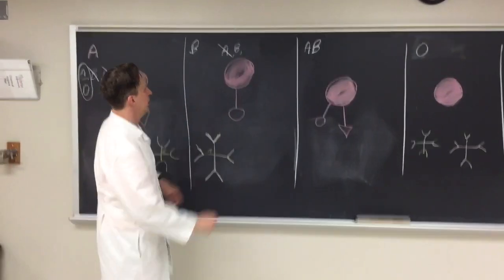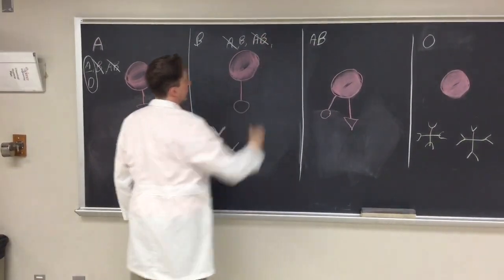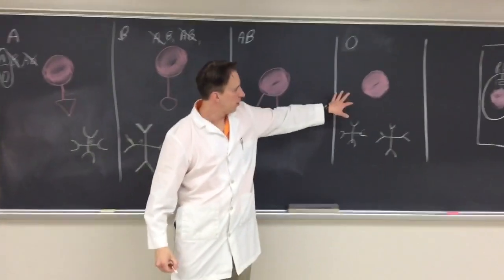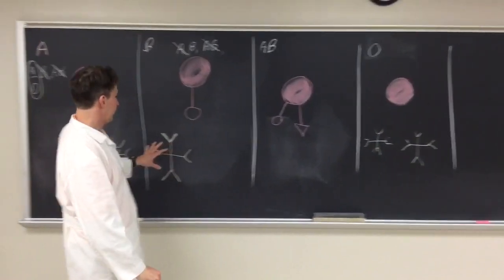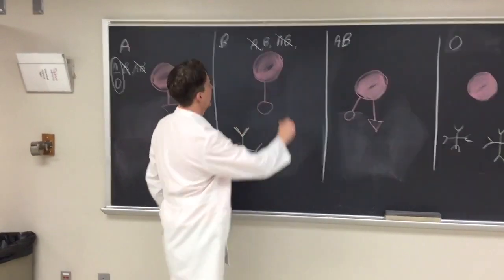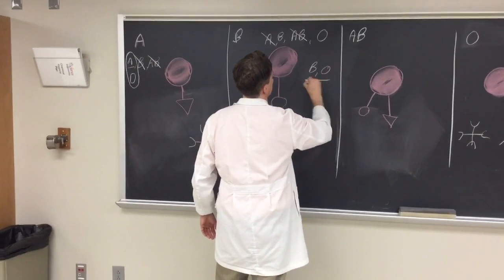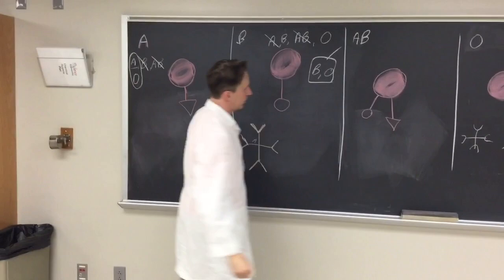If you put it in, it's going to have a problem. So AB, not a great idea. Blood type O, there is no antigens, nothing for this A antibody to attach to, so we can use O. So B, O, we can take their blood.